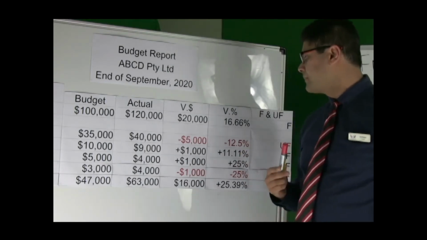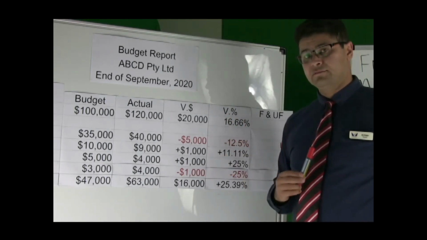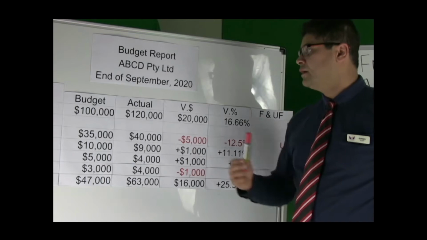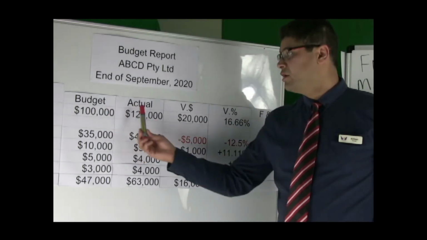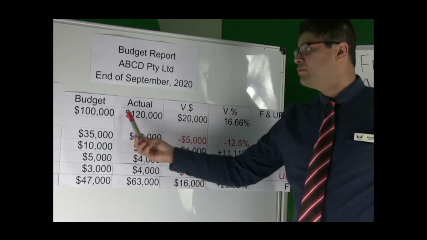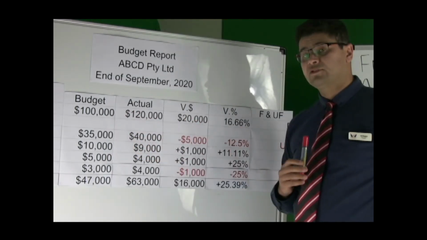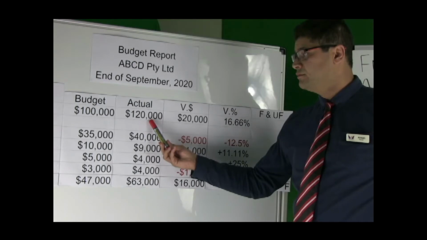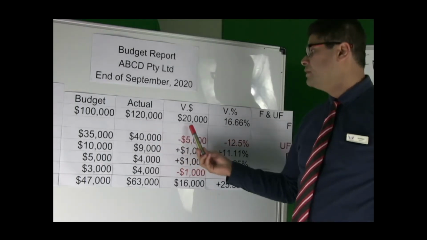Now, how to calculate variances? It's very simple: budget as a benchmark minus actual. Look at these sections. Budget, which is $100,000, minus actual, which is $120,000, is $20,000.